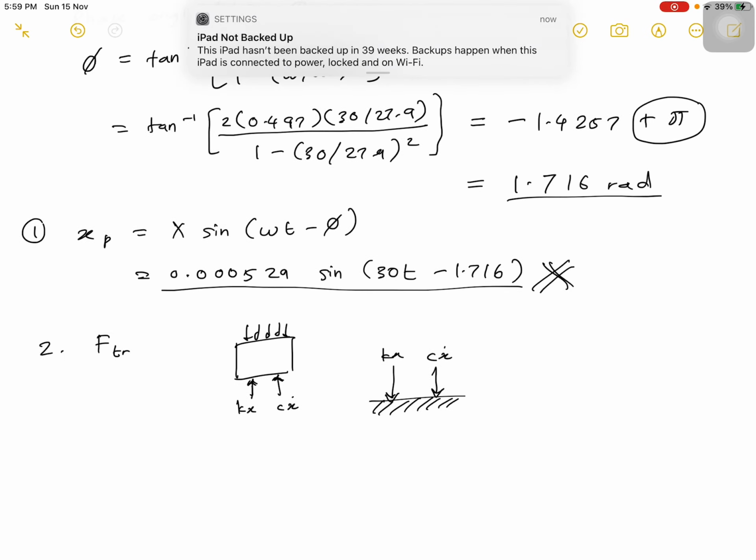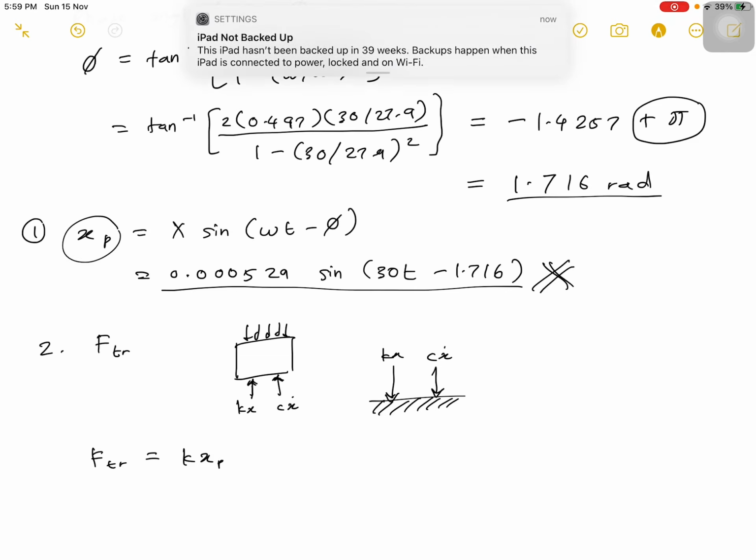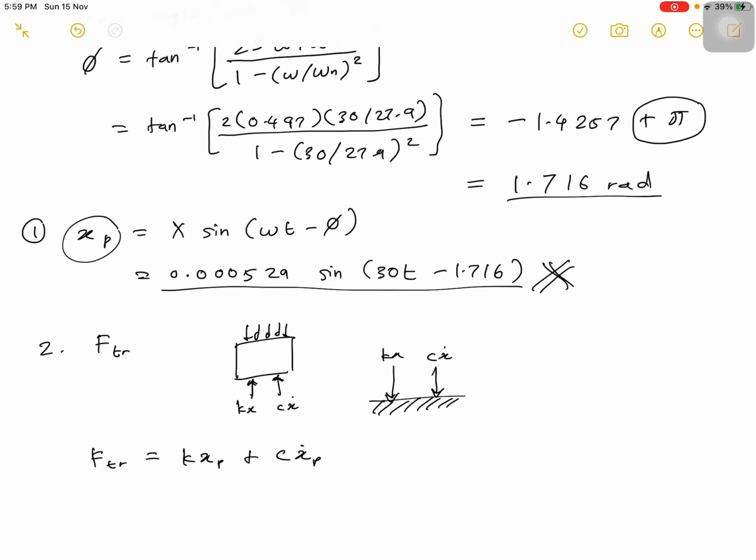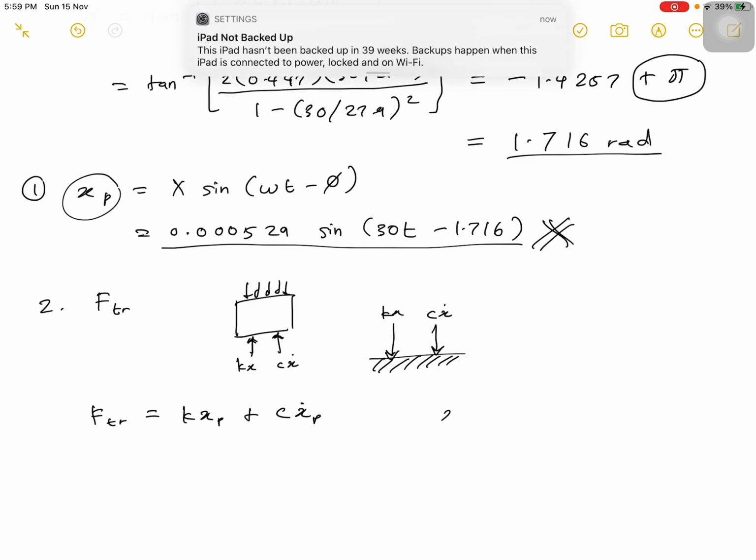Alright. So we know that FTR is equal to kxp, this is the particular solution, plus cx dot p. You can ignore the p if you want, and then we can just replace the xp and x dot p.